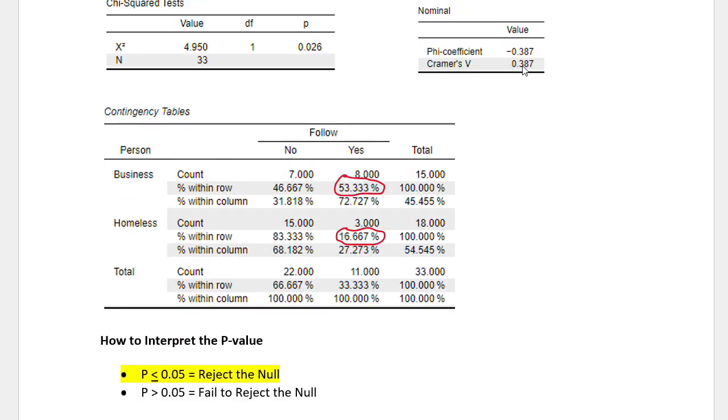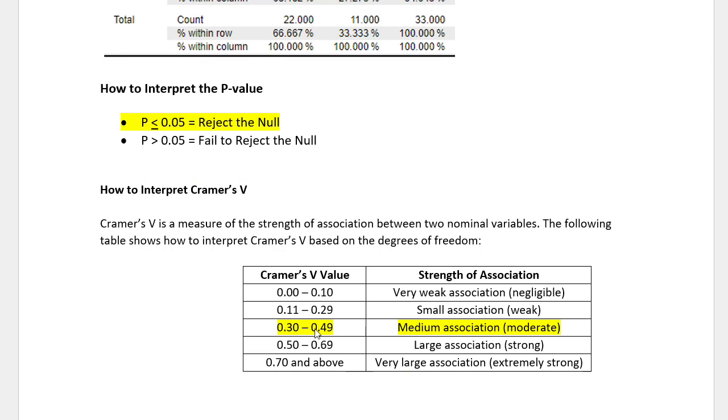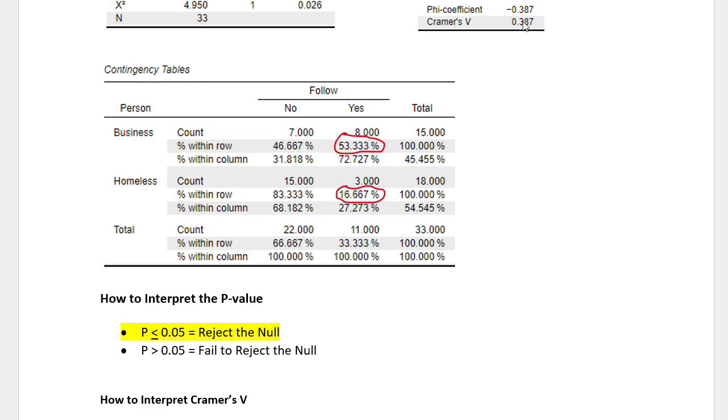Our value was 0.387, and we can say 0.387 falls into that medium or moderate strength of association. You can mix and match the words there, whatever makes the most sense as you're trying to explain it. So it's a medium/moderate association based on our Cramer's V.